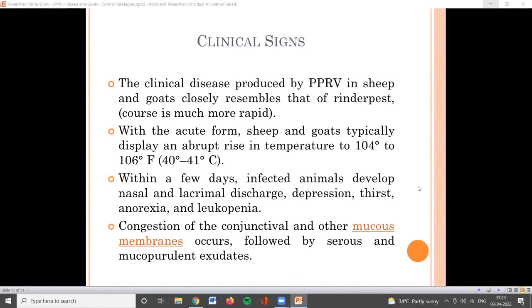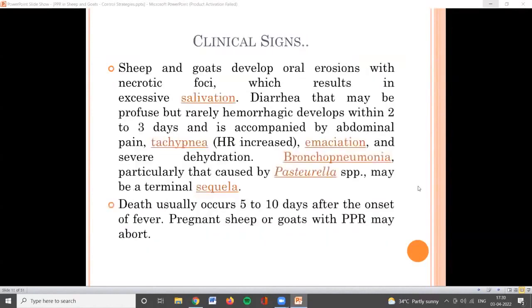Congestion of the conjunctival mucous membrane is also one of the important clinical signs of this disease. The animals infected with PPR show oral erosions with necrotic foci, which result in excessive salivation.